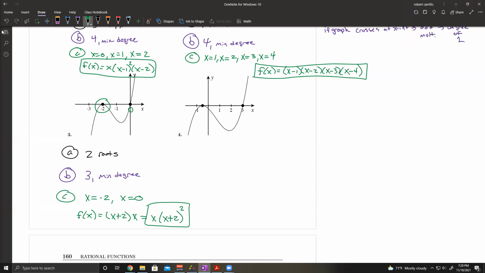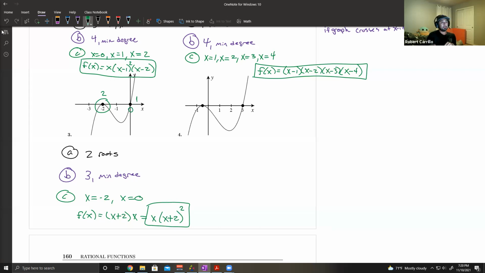Since -2 bounced, the minimum degree would be 2. And since 0 crossed, that minimum degree would be 1. I don't know why that's confusing to me, but it's okay. It's something brand new. Have you ever seen this before? Nope.